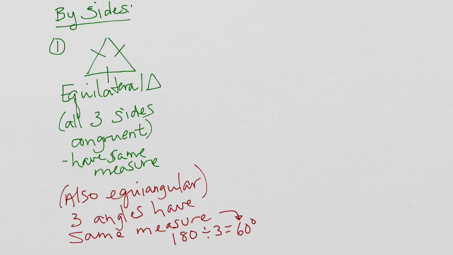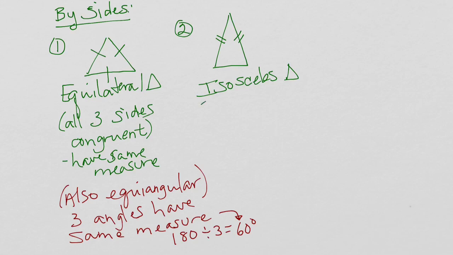Okay, the second type of triangle that's classified by its sides is something called an isosceles triangle, and that's where two of the sides are equal. It's called an isosceles triangle. It has, we say, at least two sides equal.